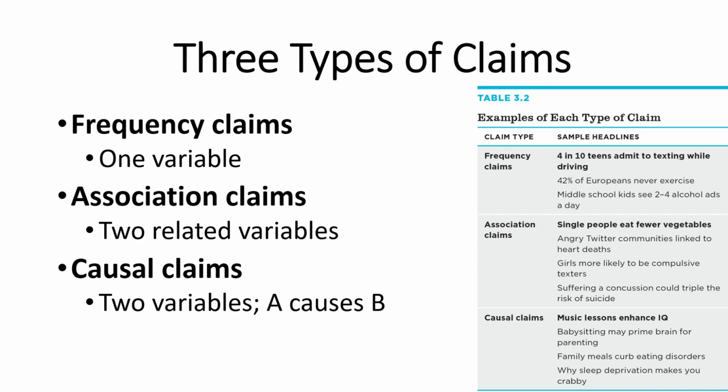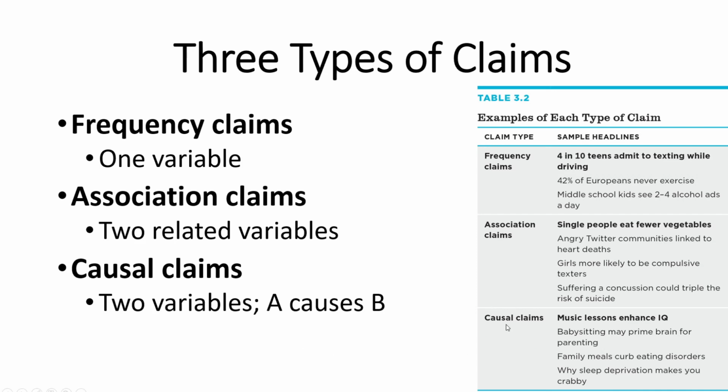So a causal claim is saying specifically that A causes B, whereas an association claim would just say that A and B are related. So an association can't give us direction, but a causal claim gives us a direction, a cause. So that's how we're going to differentiate between those two.